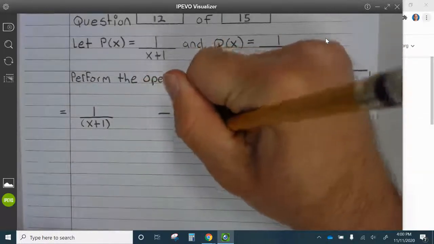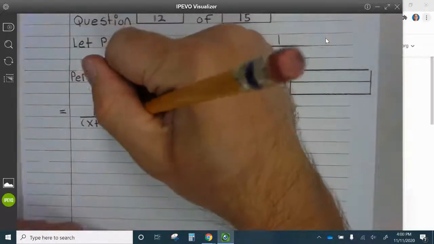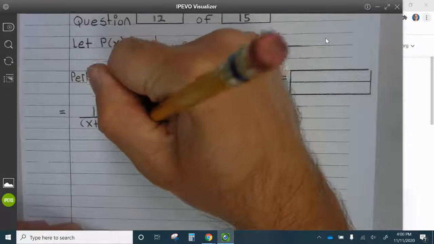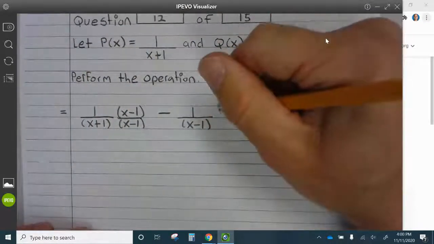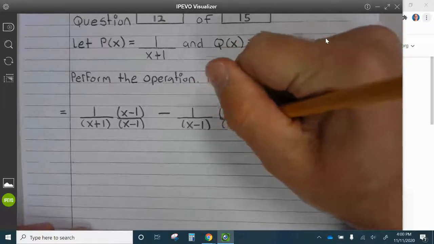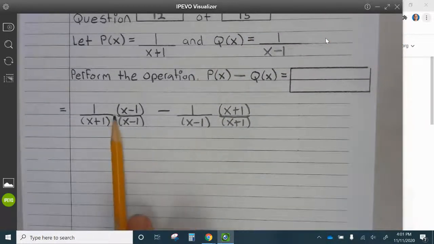Now, just like addition, you can't subtract unless they have the same denominator. So we need to multiply this by x minus 1 divided by x minus 1, and this times x plus 1 divided by x plus 1. Now they have the same denominator. We can combine the numerators.